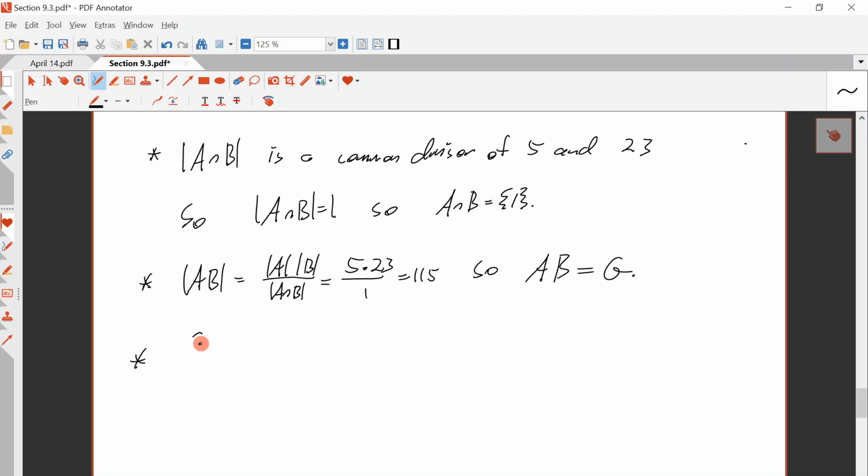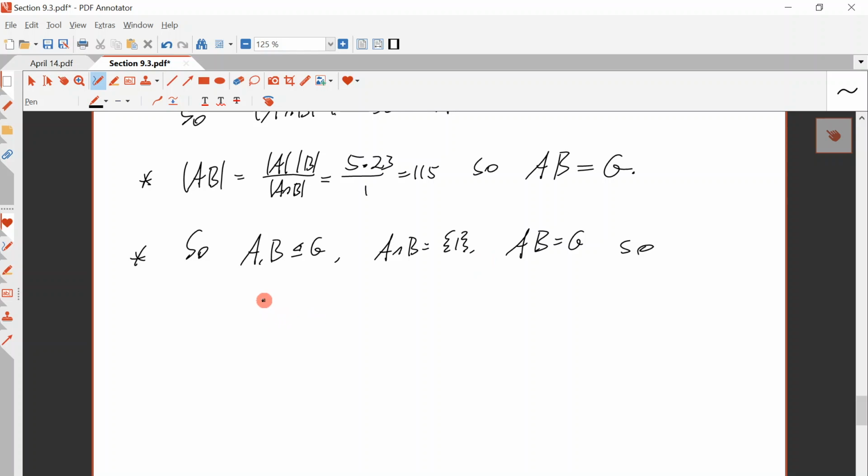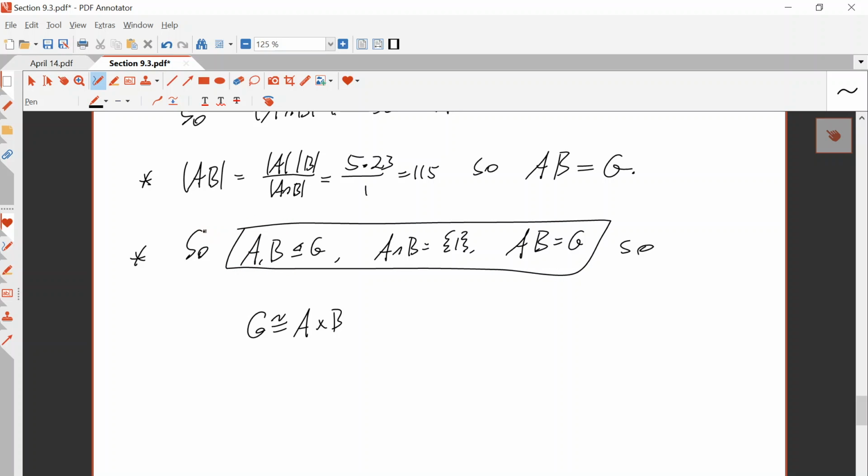So we have that A and B are both normal subgroups of G, A intersection B is the identity, and AB is equal to G. So G is isomorphic to A cross B. Those are the three conditions for a group to be isomorphic to a direct product of subgroups: the subgroups are both normal, they intersect in just the identity, and their product is the whole group.